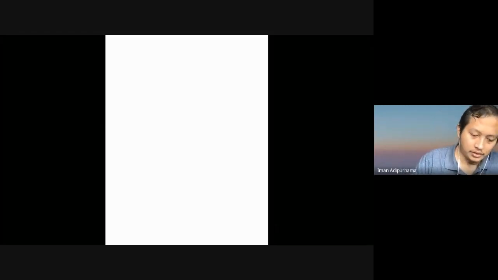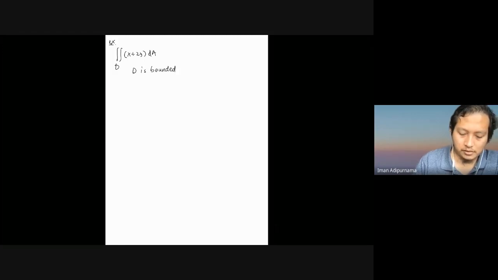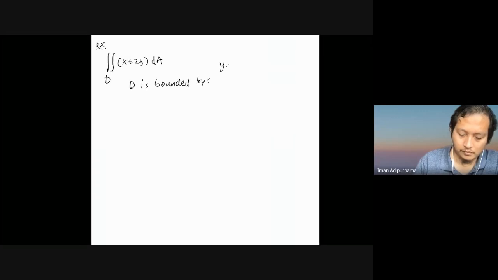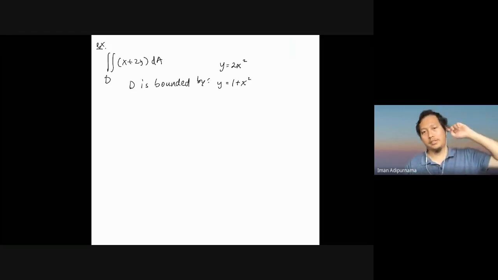Okay, evaluate this, and D is bounded by these two curves.